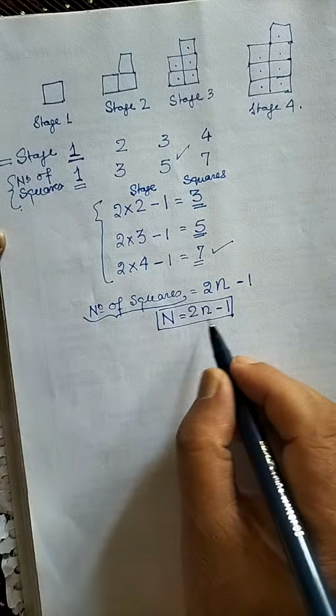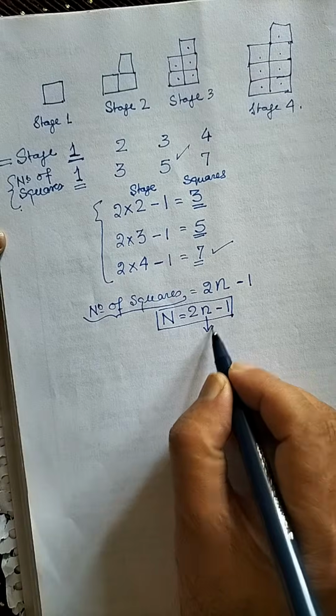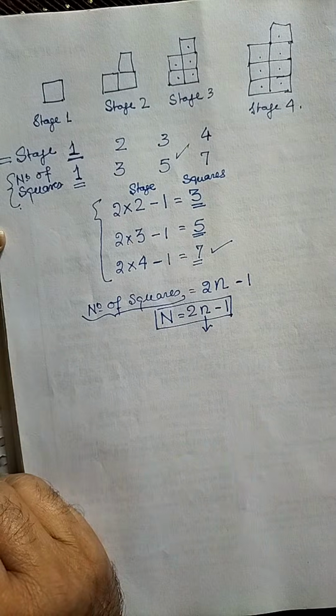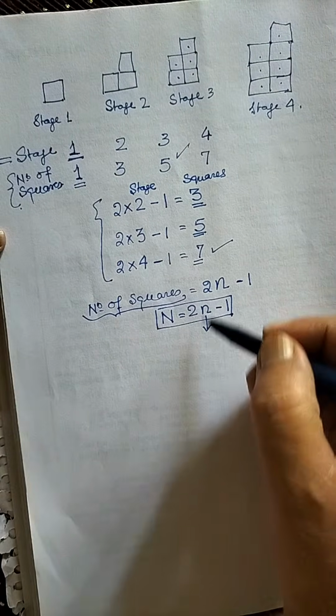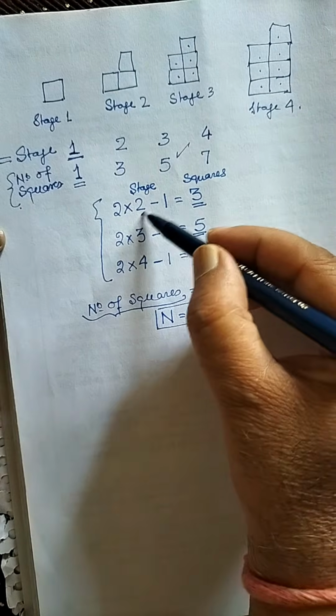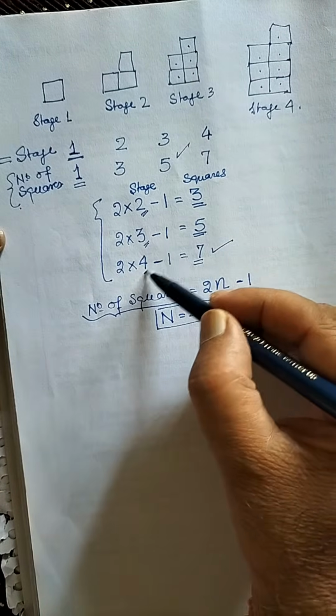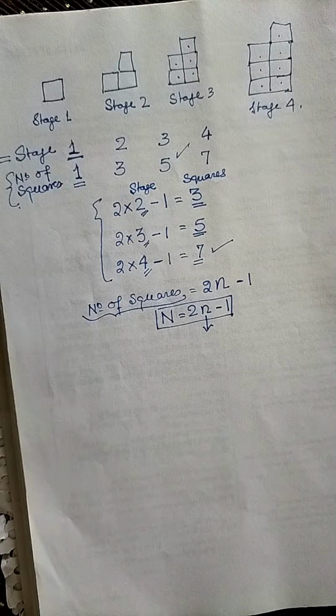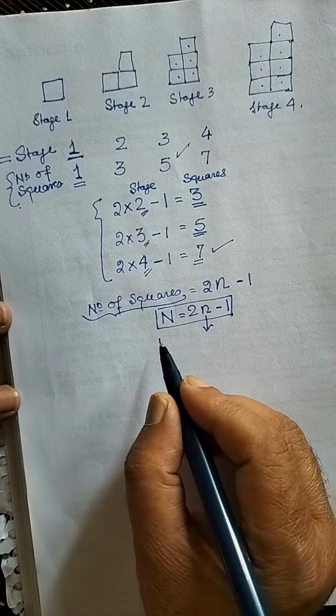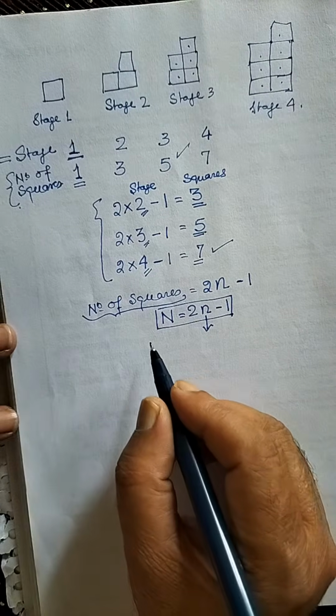What is the variable here? The variable is this n, because it keeps on changing: second stage, third stage, fourth stage, fifth stage, and so on. Now, once I have this relationship, how does it help me?